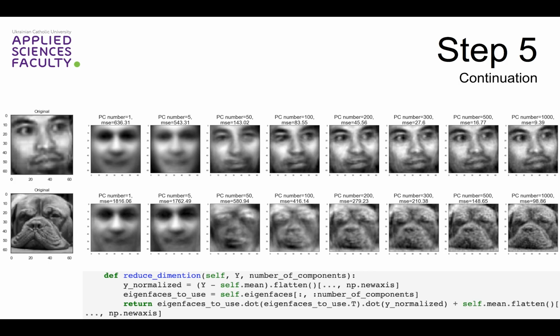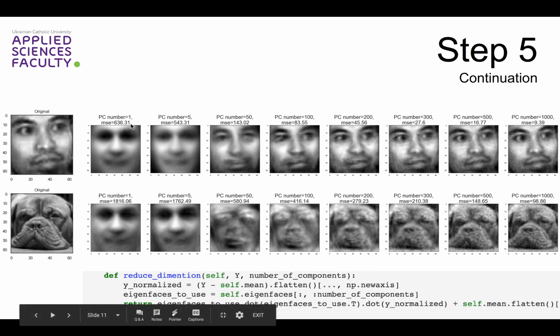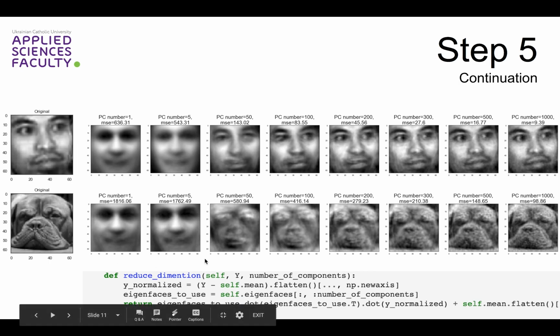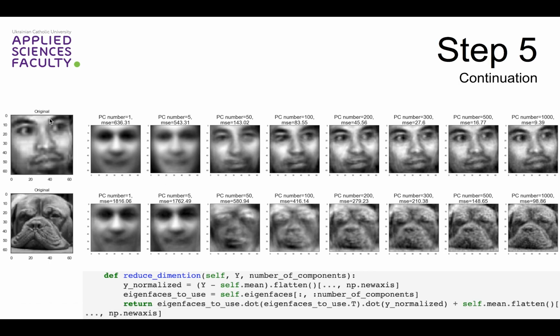We could take some number of principal components and see how the picture is restored. With 100 principal components, we can differentiate the actual image, and the quality improves with the increase of components number. We could restore any image, but on the faces the restoration performs better.